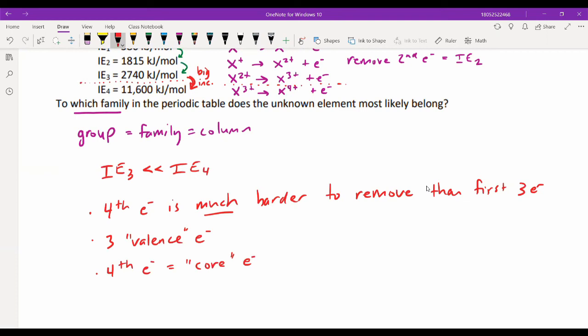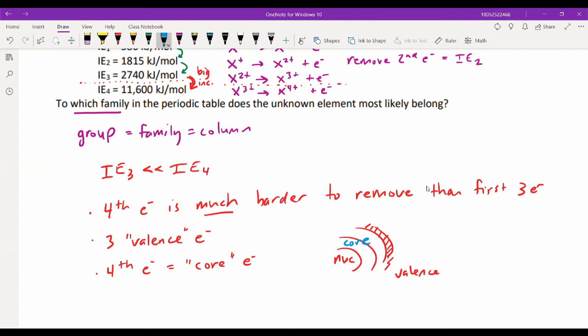This will get into more in the next chapter, but there's a nucleus, and then there are different shells around the nucleus, kind of like an onion has different layers. So the outermost one is the valence, and that's going to be easier to peel away. And the other ones inside will be considered core electrons, right? Those are closer to the nucleus and therefore harder to remove.